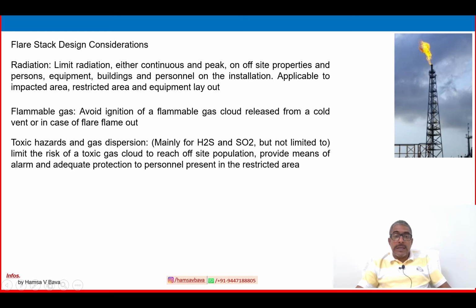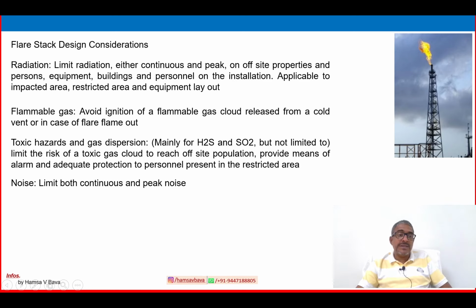So it will reach a populated area, then provide means of alarm and adequate protection to personnel present in the restricted area in case an emergency situation arises.